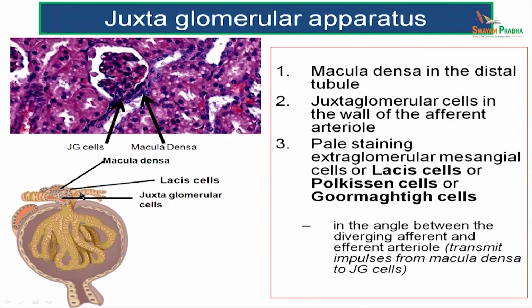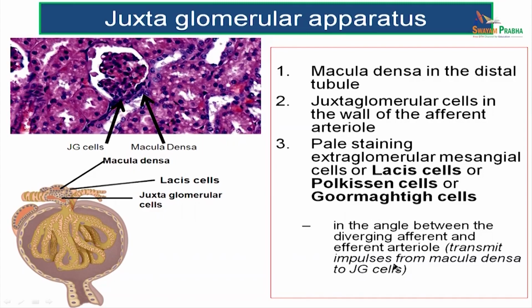And the third component, as you can see from this picture, lying between the afferent and efferent arteriole, is the pale staining cells called Lacis cells. They are given different names: extraglomerular mesangial cells, also called Polkissen cells, or Goormaghtigh cells. They lie between the afferent and efferent arteriole. Why do you need these cells?